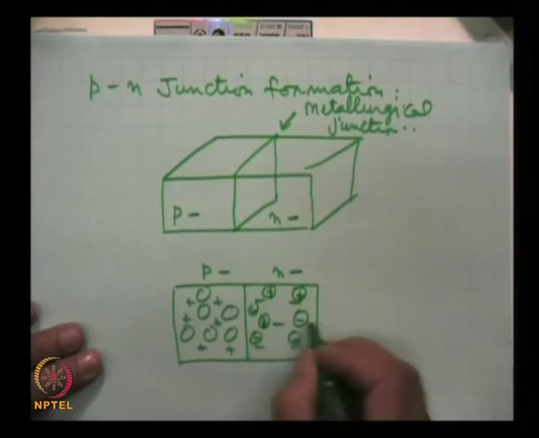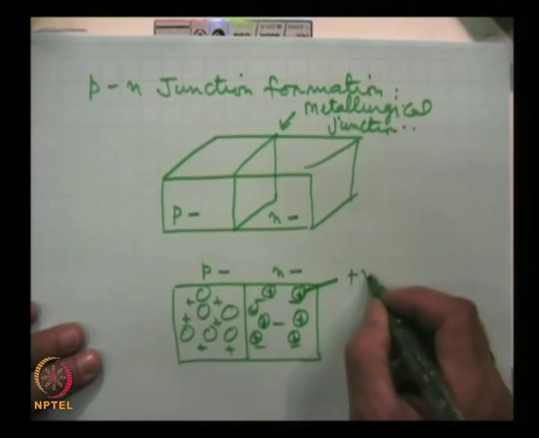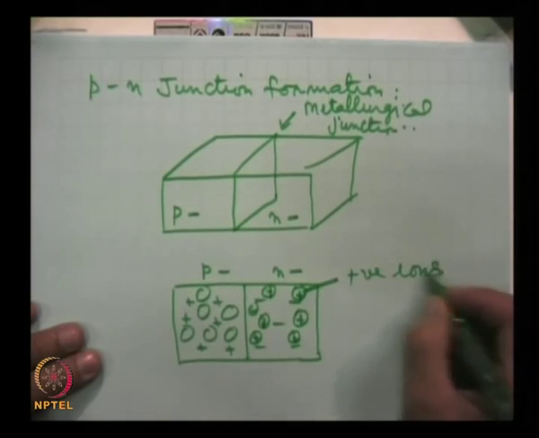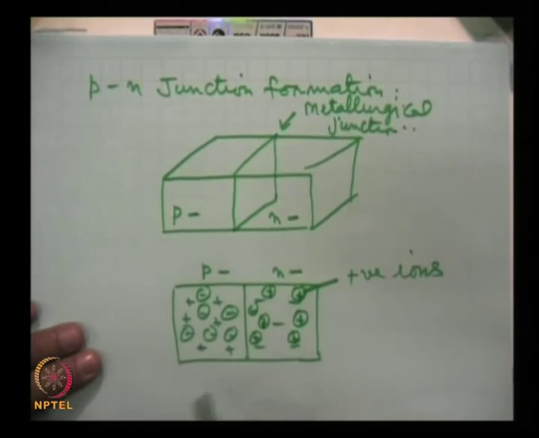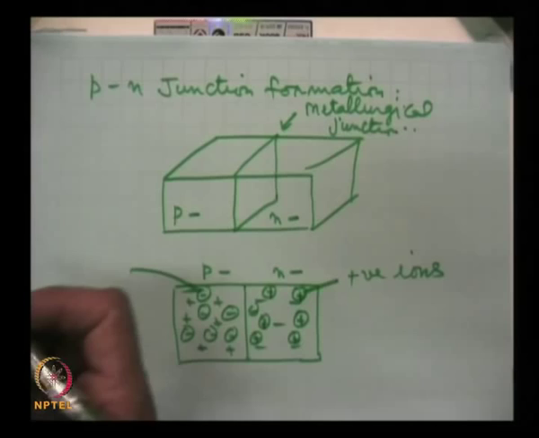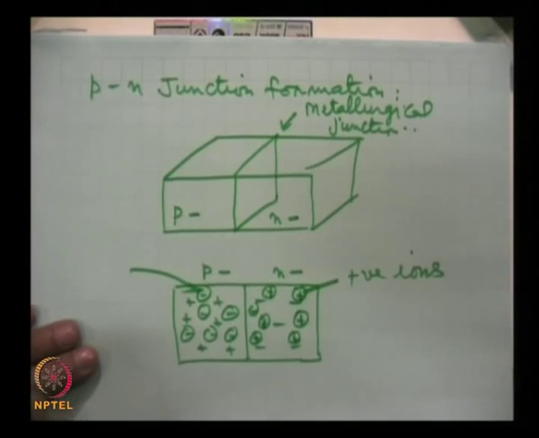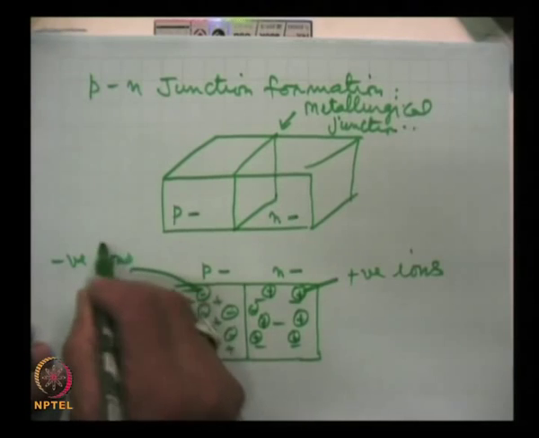So, these are the positive ions, and here these are the acceptor atoms which have become negatively charged ions because they acquire one extra electron. So, this is negative ions.